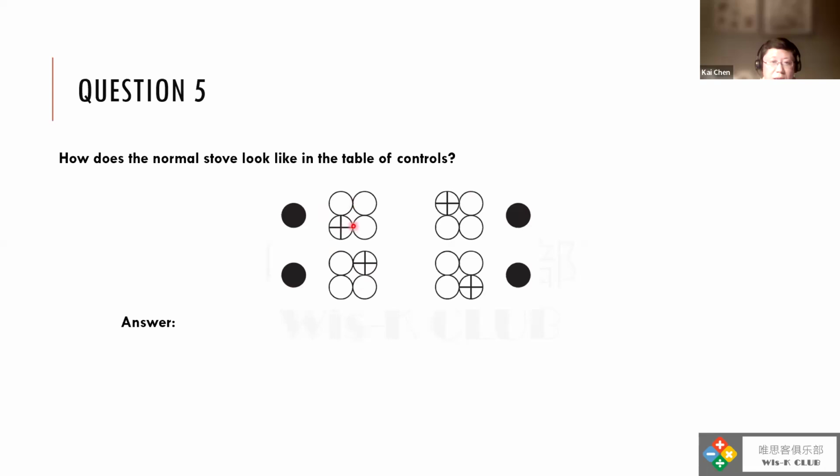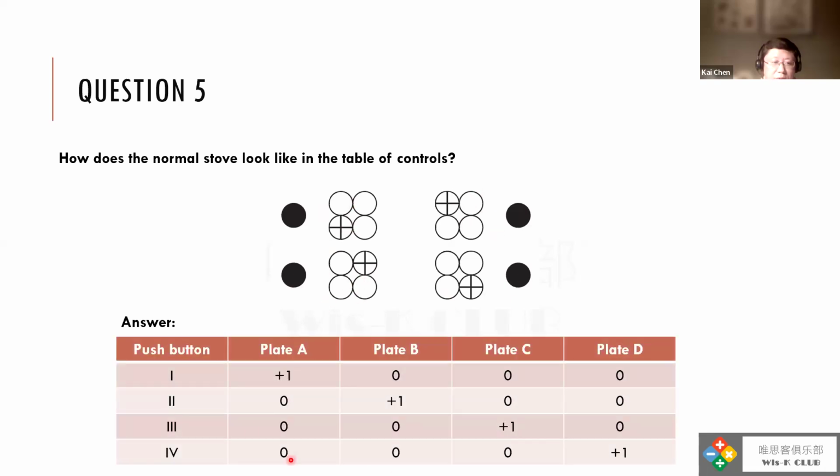So this is for A, this is for B, this is for C, this is for D. So for this table, we have a much simpler table: button 1 controls A, a plus 1 level up for A, but no impact on the other 3 plates. Button 2 only impacts plate B and not the 3 other plates. Same as here.